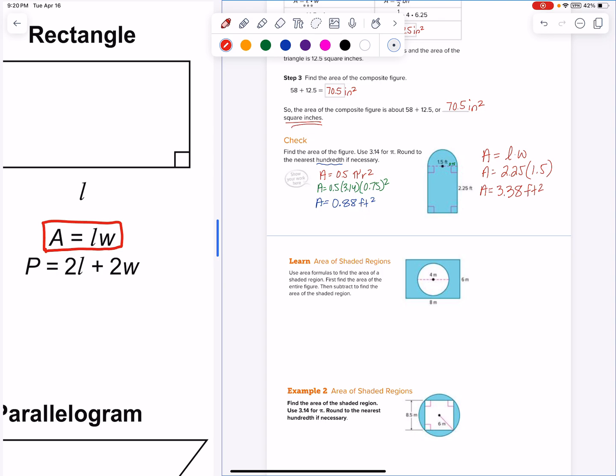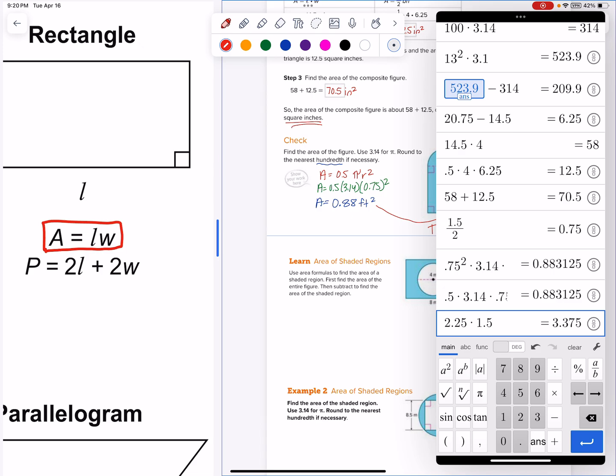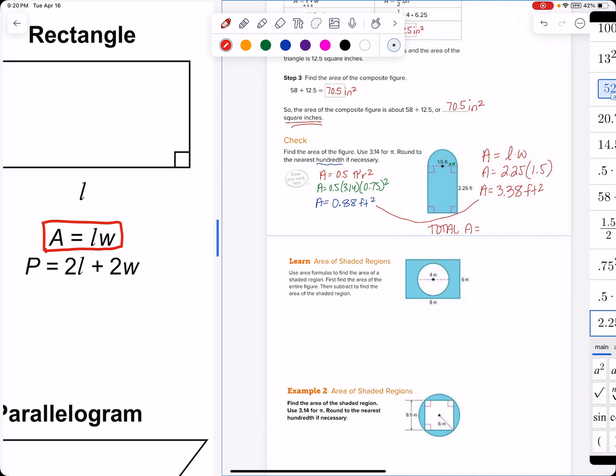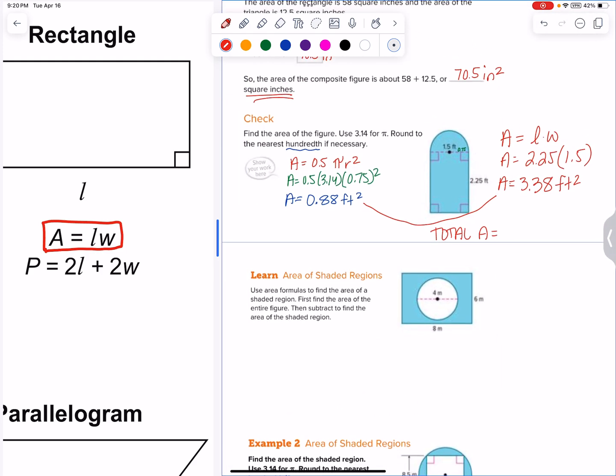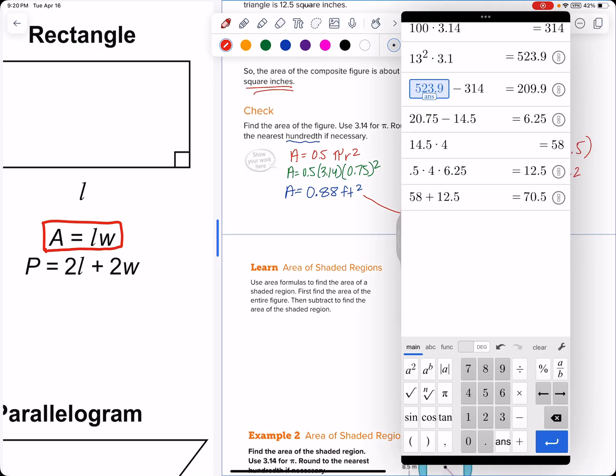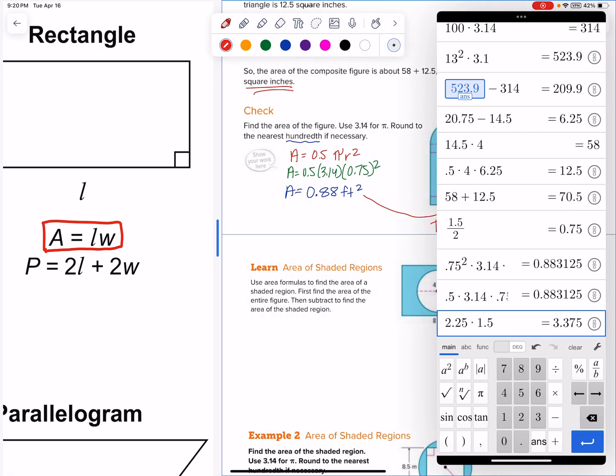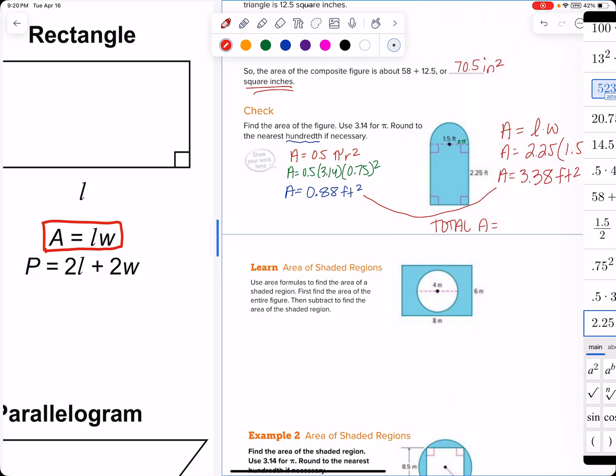Now we're finding the total, so we just need to join those two together, and we get a total area equals, and we need to use the rounded amounts. Okay, so actually we could have left the bigger number and rounded at the end.